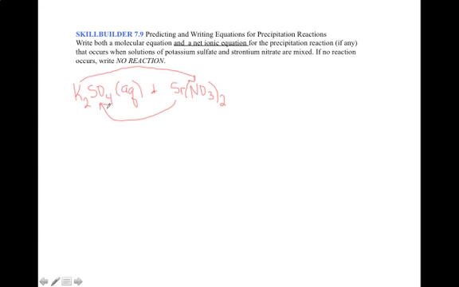So here we have potassium, the potential products are potassium nitrate, which we know will be soluble, okay, and the other potential product is strontium sulfate. Okay, and strontium sulfate, based on our solubility rules, sulfates will be a solid.